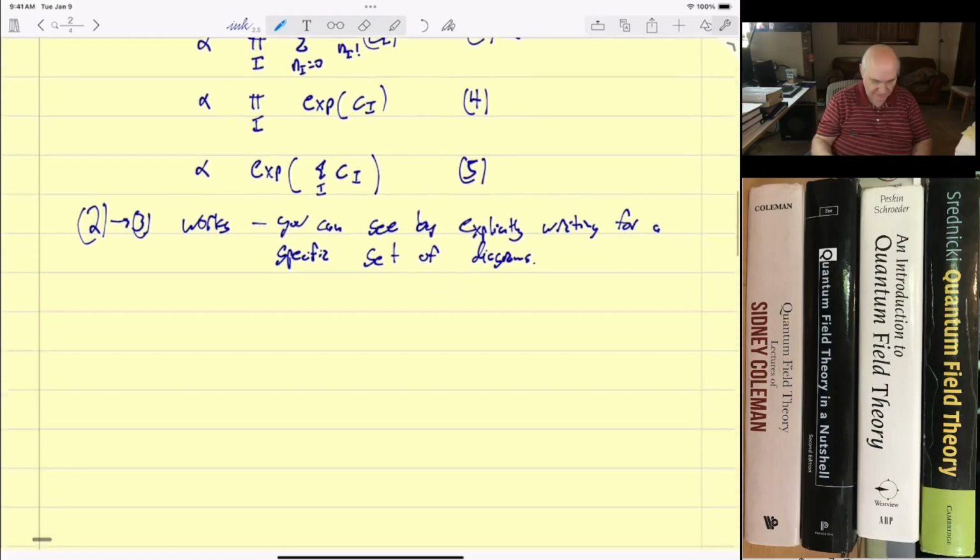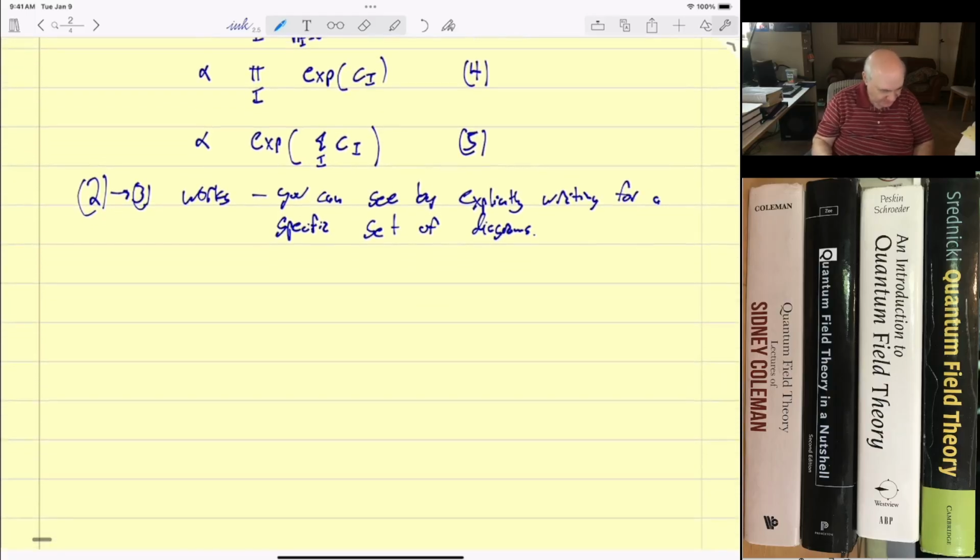And once you see it, you'll see that it works all the time. So let's say that we live in a universe with only 3 connected diagrams.